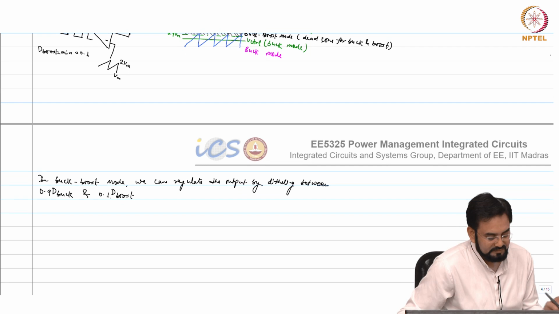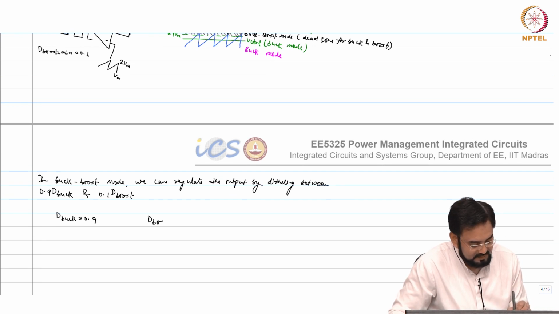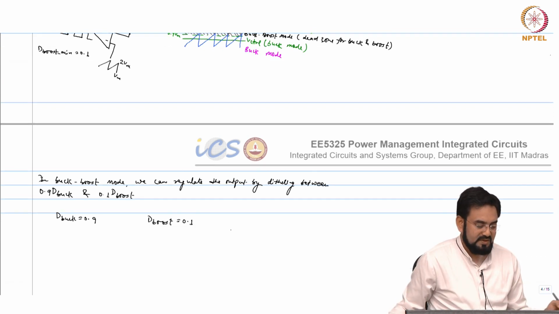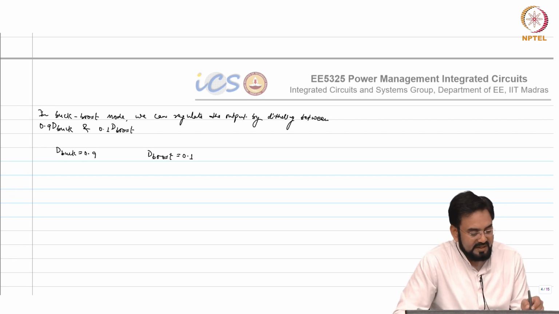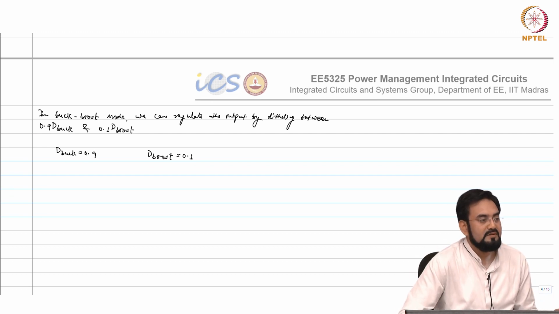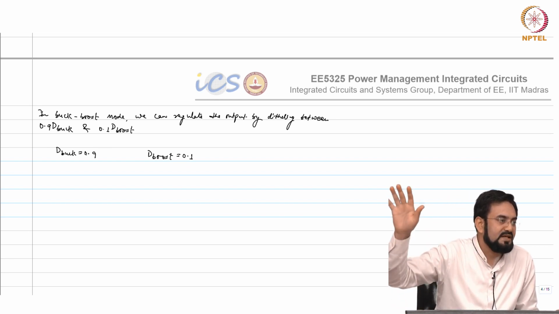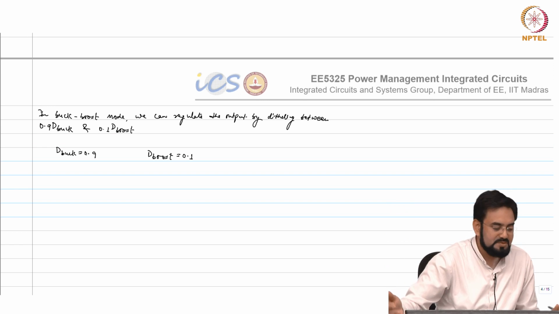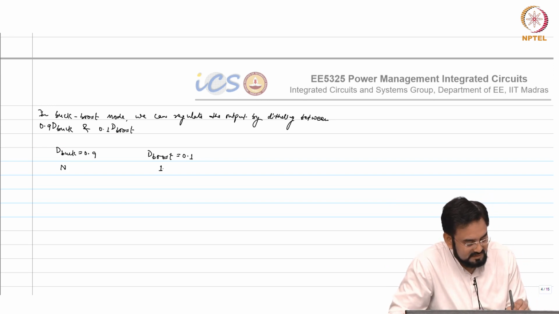Okay, which means, so let's say I have this: debug is 0.9, deboost is 0.1. So from 0.9 I want to slowly change my duty cycle, but I have no option. So let's say I choose n of this, 1 of this.